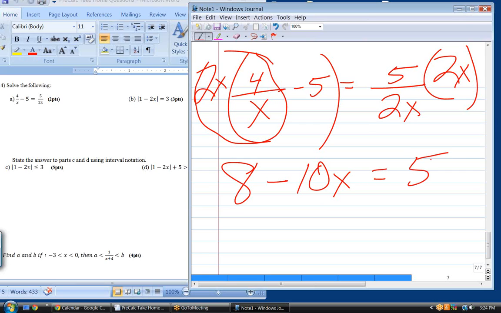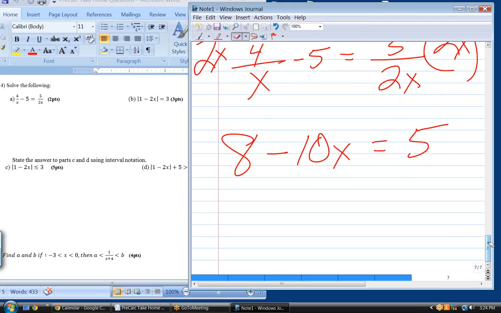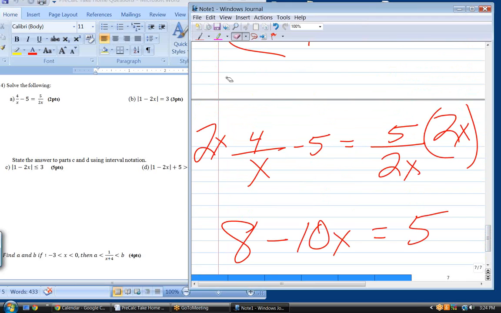And now notice how much easier it is. We've gone from something that looked very complicated to something that's very easy. Go ahead. So question, when I was distributing 2x into the 4 and 5, would I do 8x? Well, you would multiply this times this.